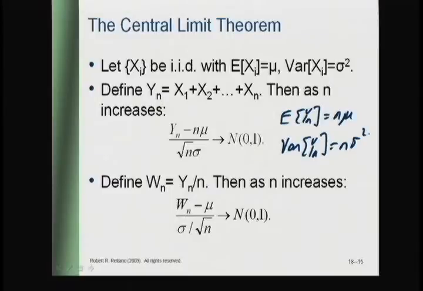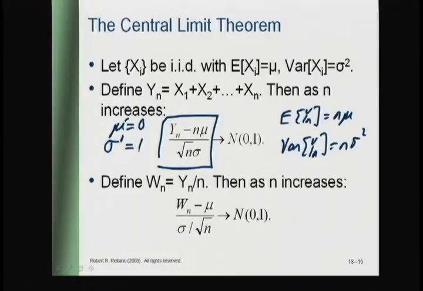So it's easy for you to verify the moment assumptions, that for any n, this random variable, yn minus n mu over square root of n sigma, in fact has a mean of 0. I'll call it mu prime, and a sigma prime of 1.